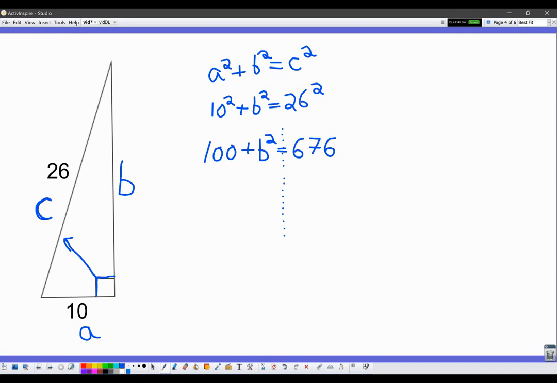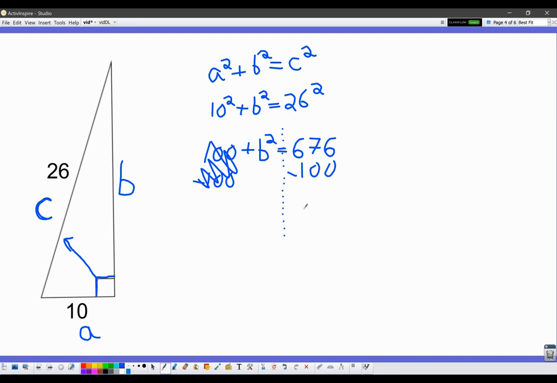Well, if you remember from algebra, opposite operations, inverse operations, I can use those to cancel out things that I want to get rid of. So if this is positive 100 here, I can use negative 100 to cancel that out. So I'm going to cancel this out. But since this is an equation, I need to make sure that whatever I do on one side, I do to the other. So on the other side, I'm also going to subtract 100.